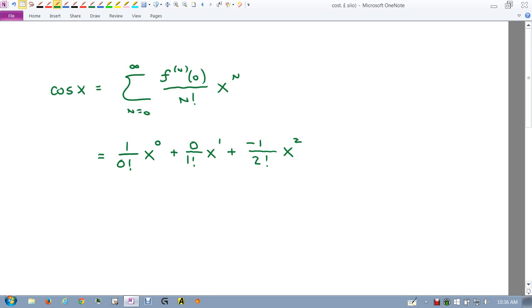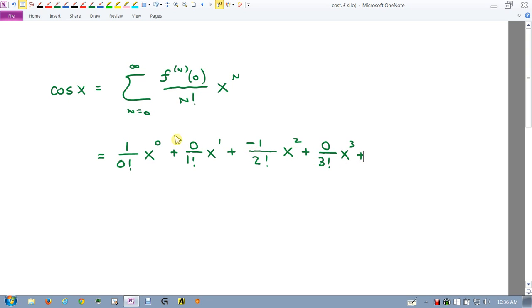Yes? Next one. 0, because it's odd, right? 3 factorial x cubed. Next one. Now we're at a multiple of 4, mod 2. It's getting a 0, so what is it? 1. So we're going to go 1 out.